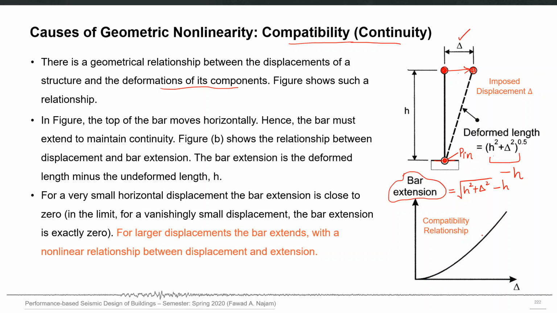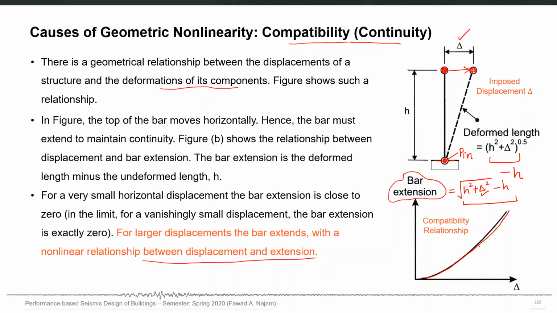It will be a non-linear relationship. For a very small horizontal displacement, the bar extension is close to 0. For large displacement, the bar extends with a non-linear relationship between displacement and extension. So this equation by definition is non-linear. If you plot delta with this whole thing, you will have a non-linear relationship like this.